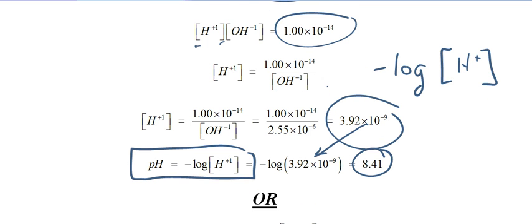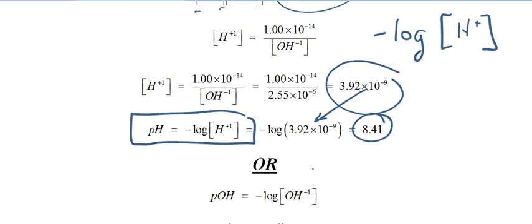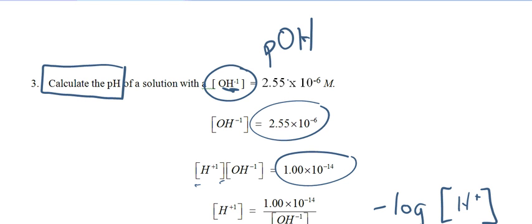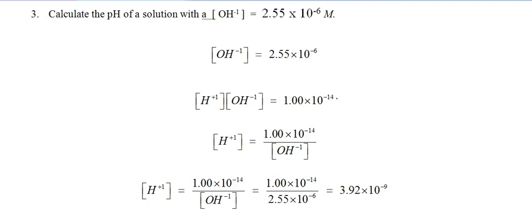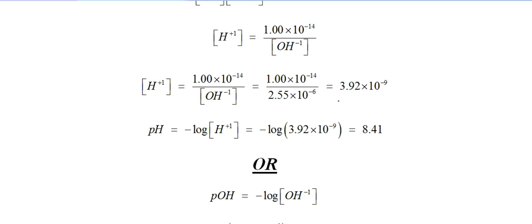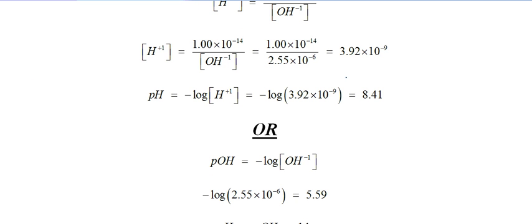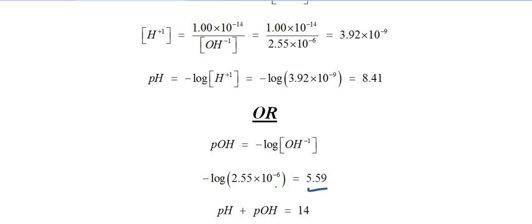That's one way. Another way is, again, we know that pOH, if we have our hydroxide concentration, and we do, which is given right here, our 2.55 times 10 to the negative 6, we can actually just find the pOH, and I bet most of you would do this. Plug in your 2.55 times 10 to the negative 6, get your pOH, and then realize that pH plus pOH equals 14.